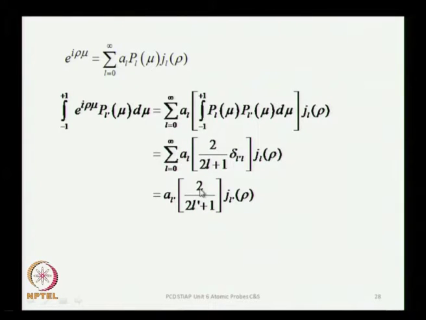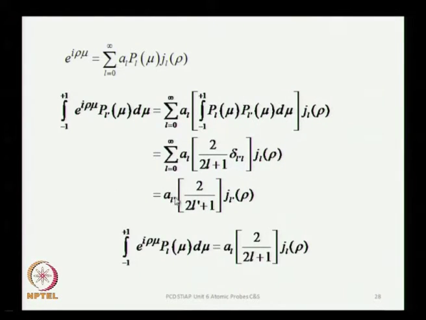So, you got 2 over (2L' plus 1), and now to get this coefficient what you need is this integral. So, if you can solve this integral on the left hand side, then you would know what is the value of A_L, that is your question, right.